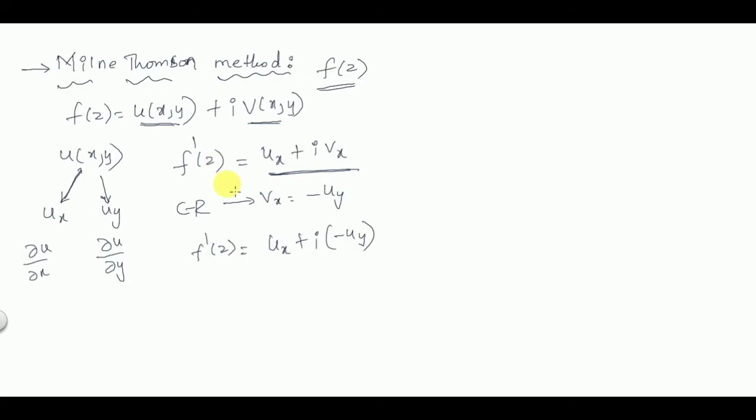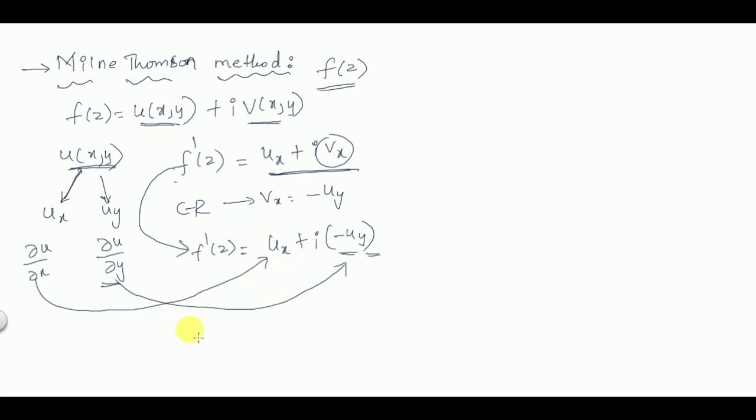You have to convert this into this form, because we are given only u. So convert vx into minus uy, because we have found uy, and you can substitute here. So that is what you get for f dash of z.